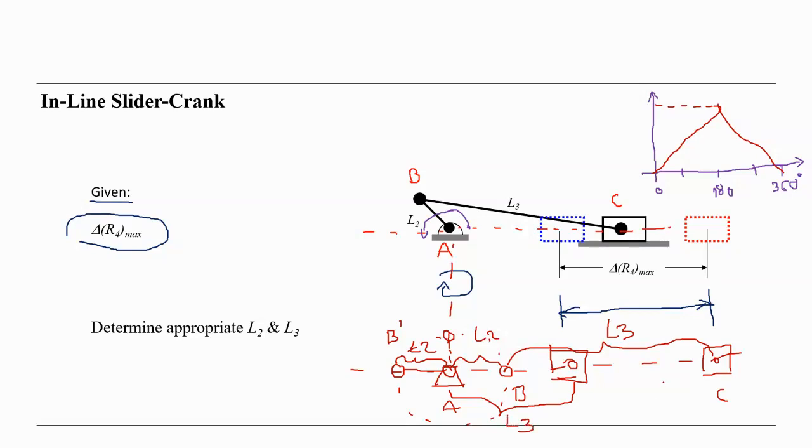So this is the other limiting position. That's the reason the stroke will be maximum in between. We measure the stroke, the distance from 0, from here, and back in that direction to the initial position.